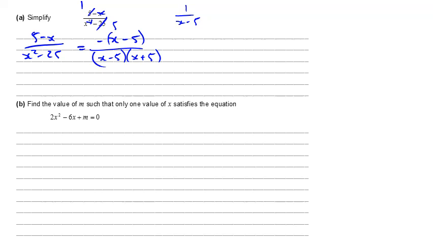Now I factorize the top line because I know that if I factorize the bottom, I'm going to get x minus 5 and x plus 5. And that is not common with 5 minus x. So if I take the negative out and change the signs, then see how these ones here are now common? Now I cross out the whole bracket, which leaves me with negative 1 over x plus 5. Okay, that was your achieved tick.